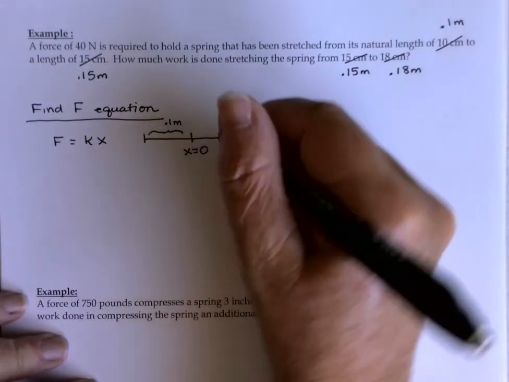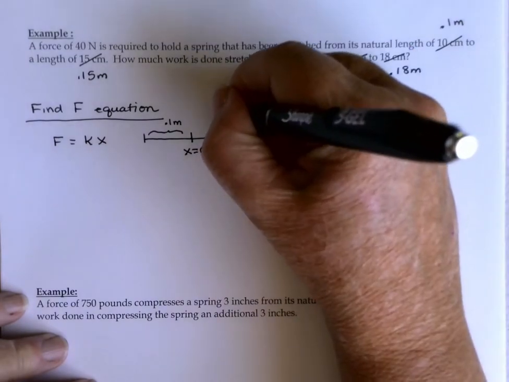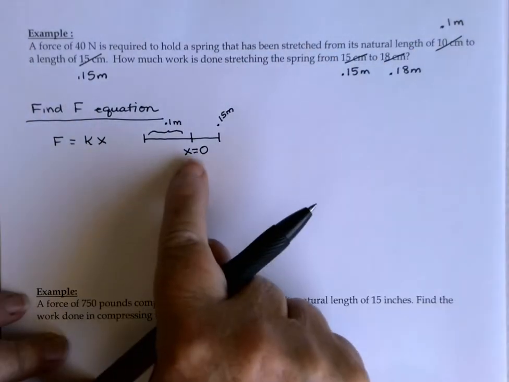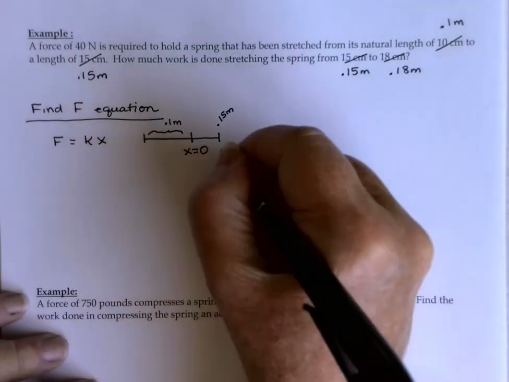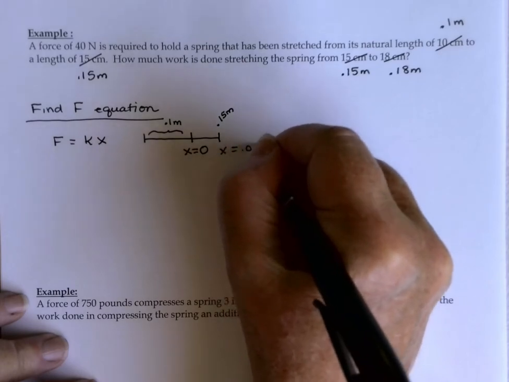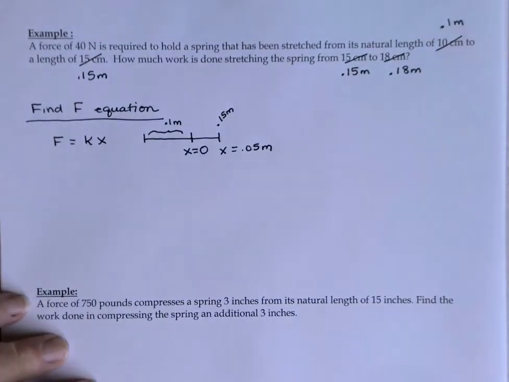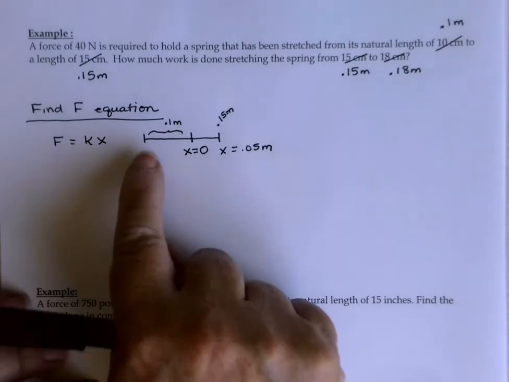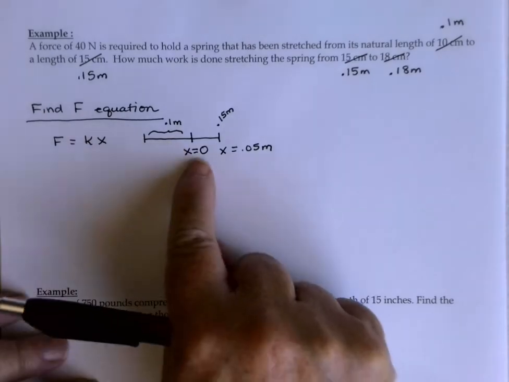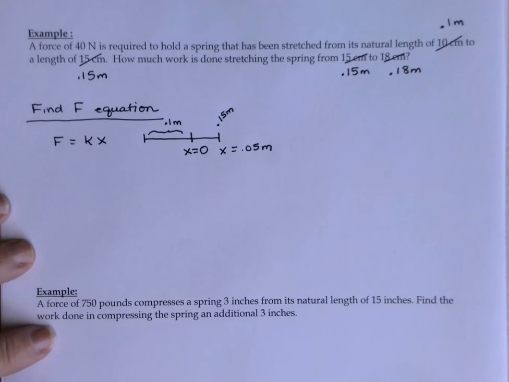When I get out here to 0.15, I've only stretched it 0.05 meters. So always start with the natural length of the spring being your x equals 0. That's what I'm going to plug in here.